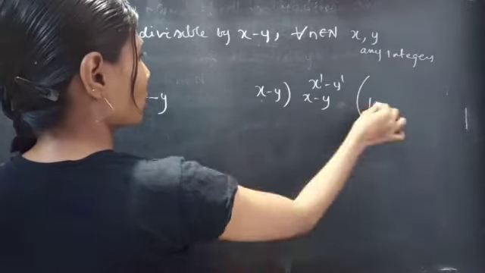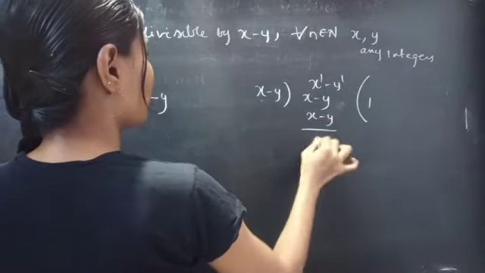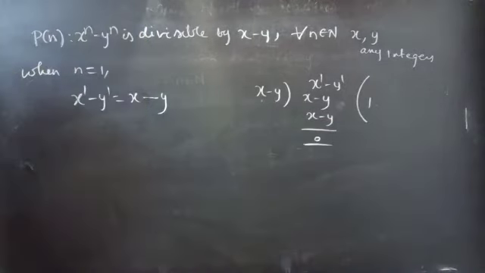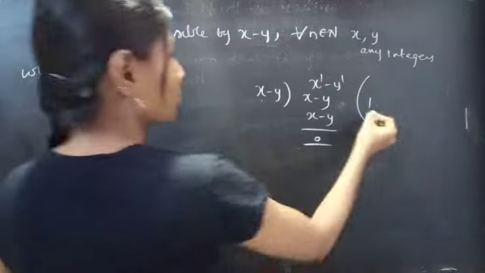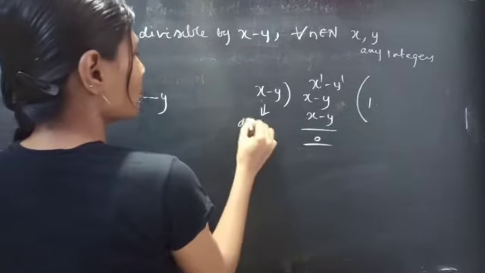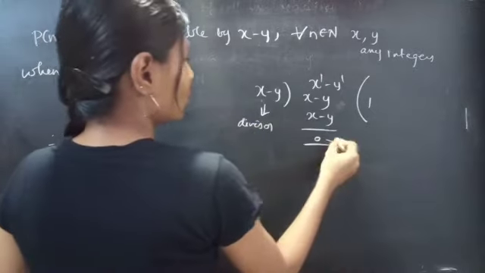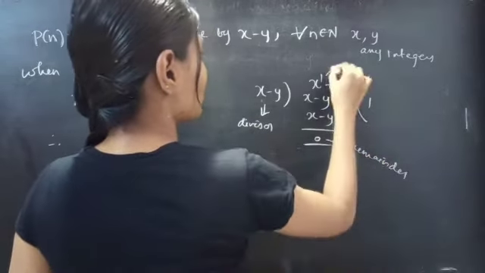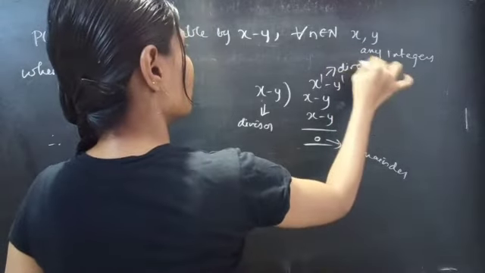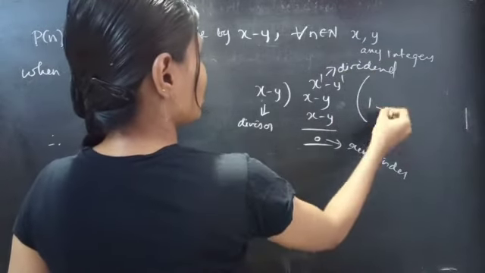X minus y ones are x minus y with remainder 0. So therefore, here x minus y is divisor, this is remainder, this is dividend, and this is quotient.